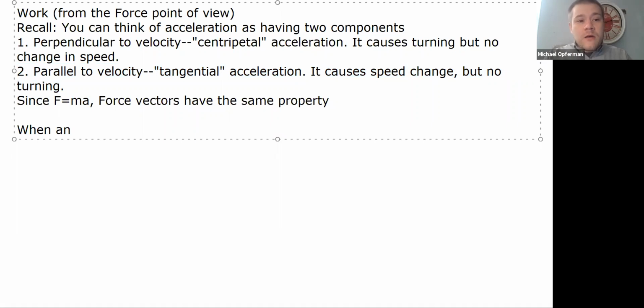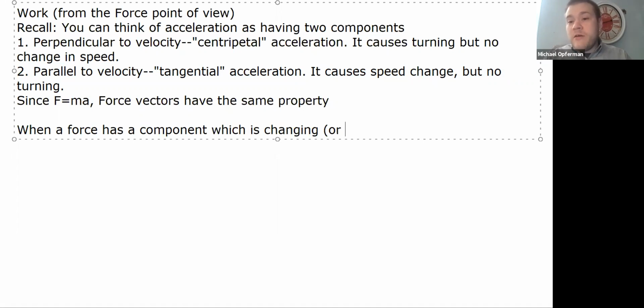When a force has a component which is changing, or maybe I should say trying to change, because the total net force on the object could be zero, in which case its speed is not actually changing, but there might still be forces on it that are trying to change its speed, but they're offsetting each other.